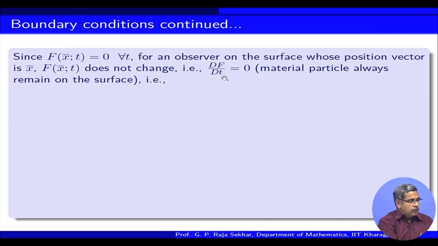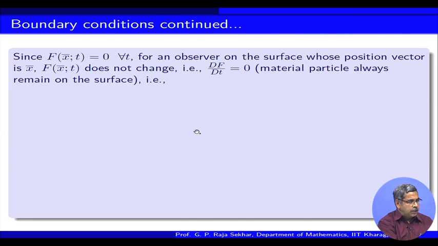So, with that assumption the material derivative vanishes. Whatever material is on the free surface is intact, not leaving the surface. So, the material particle always remains on the surface, therefore, the material derivative is 0.